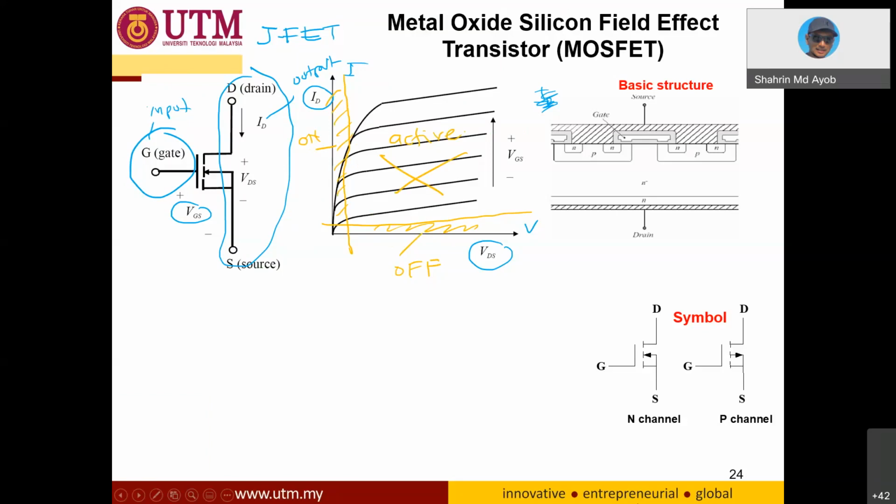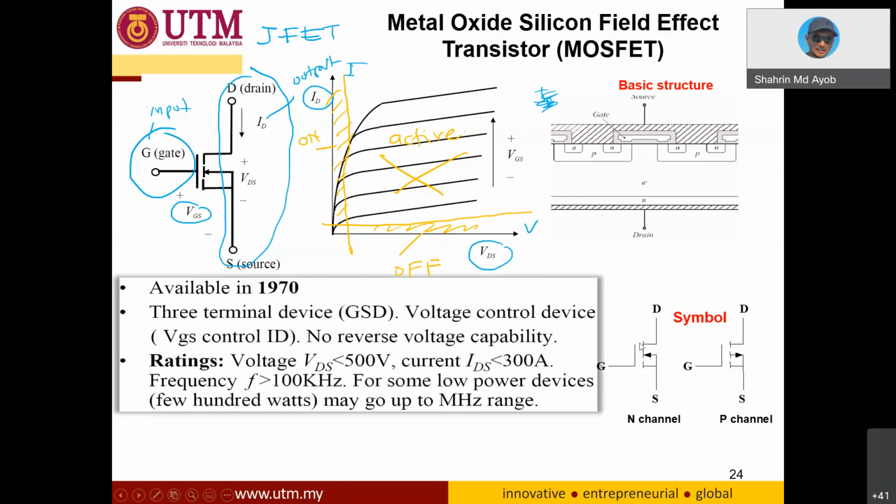For the MOSFET, we have 2 types, which are N channel and P channel. Here you can see that the voltage blocking, the V blocking, is not very high.